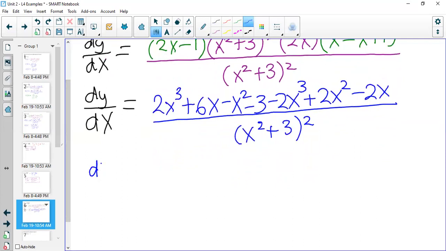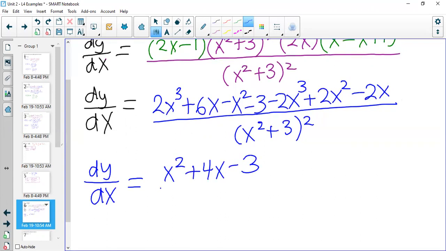That gives you dy over dx is equal to x squared plus 4x minus 3 all over x squared plus 3 squared. We can leave our answer like this.